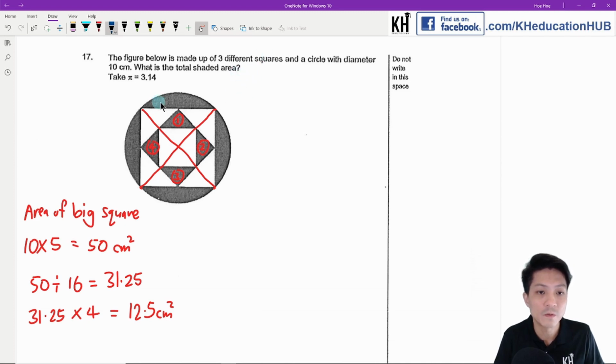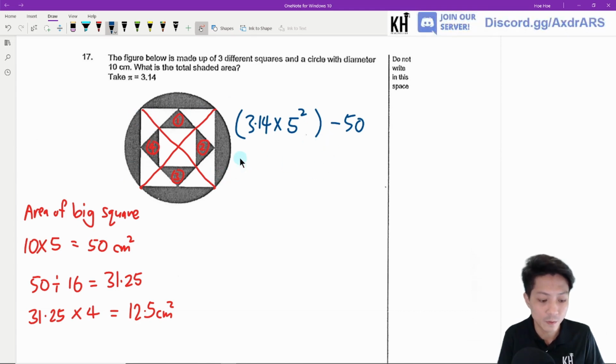Okay, next I'm going to find the outside shaded part by using the area of the circle minus away the area of the big square. So area of circle will be pi times r square, and then I'm going to minus away the area of the big square, which is 50.